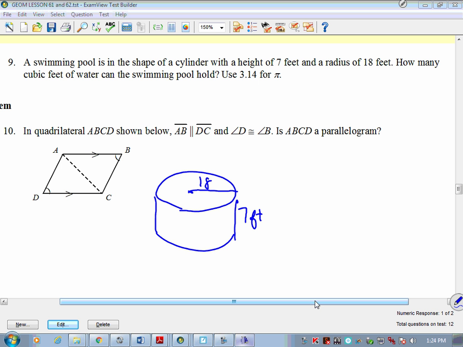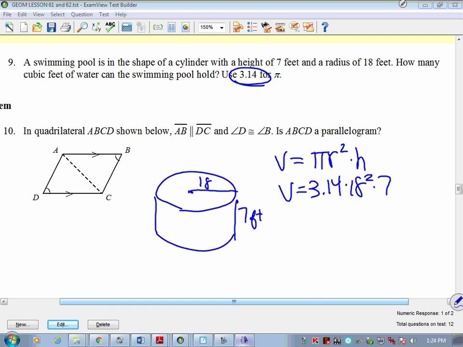Use 3.14. So volume is pi r squared times height or depth. We're using 3.14 for pi, 18 for my radius, and 7 feet for my height or depth.